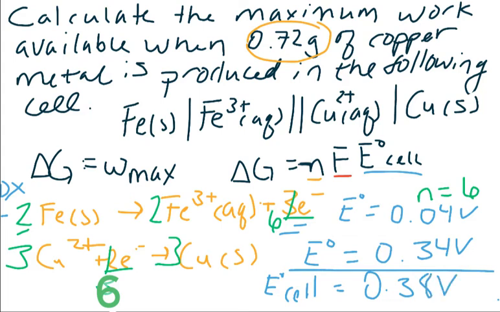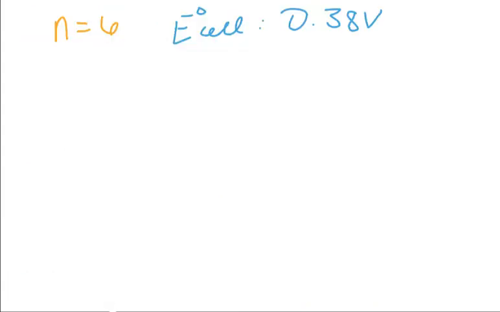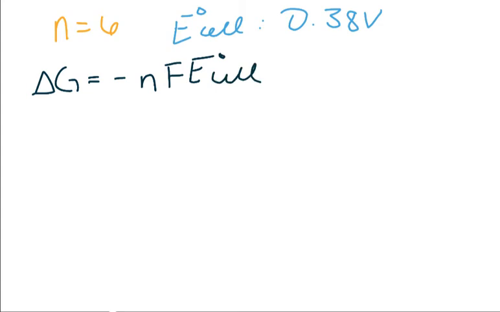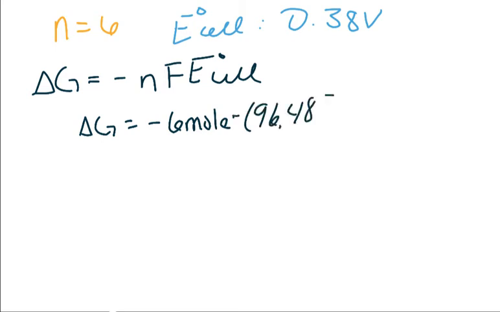Now we just have to put all that information together. So I've brought those values over here. Remember, delta G is equal to negative nFE cell, and it's also equal to work max. So we can say our delta G is equal to negative 6 moles of electrons times Faraday constant, 96,485 coulombs per mole of electron.